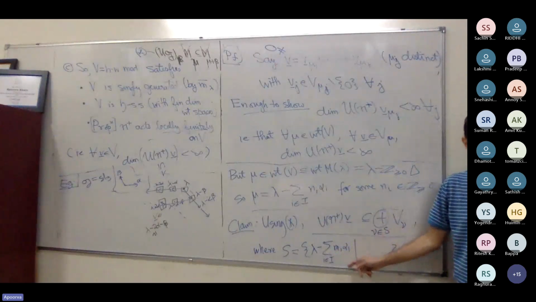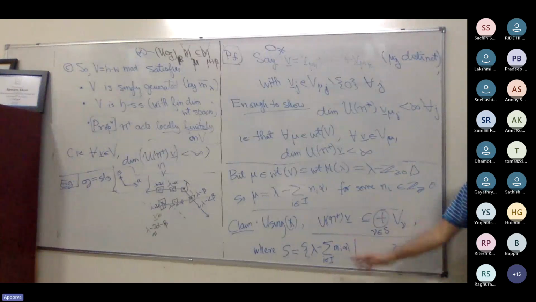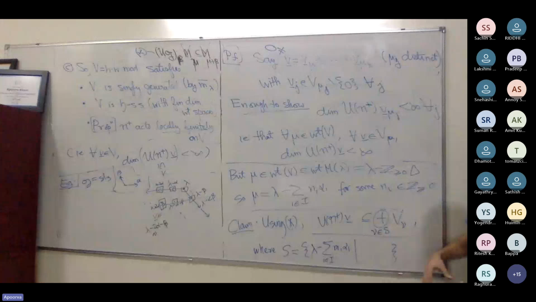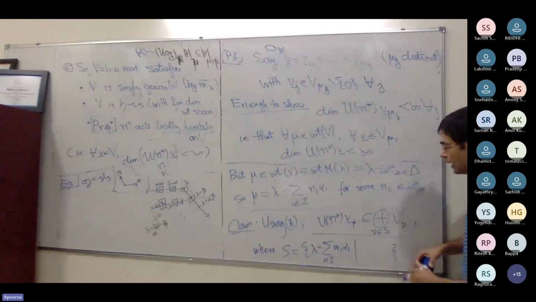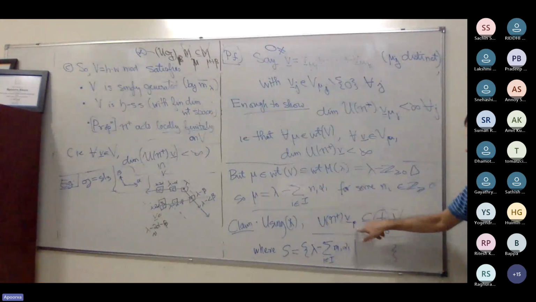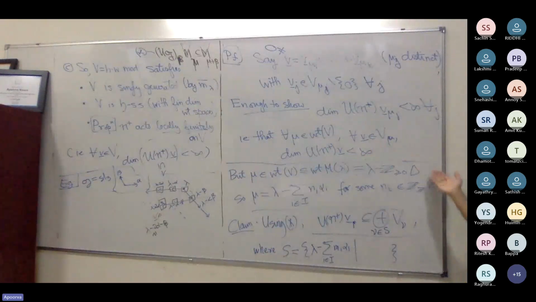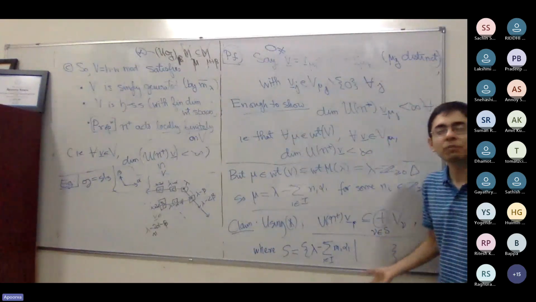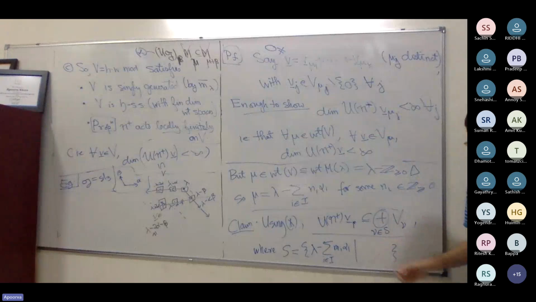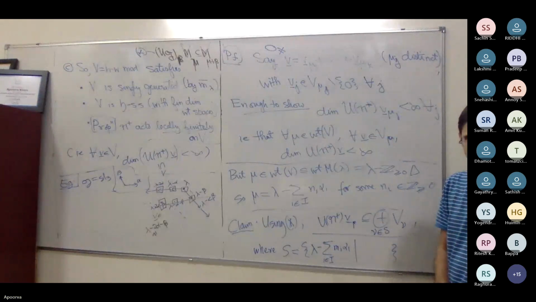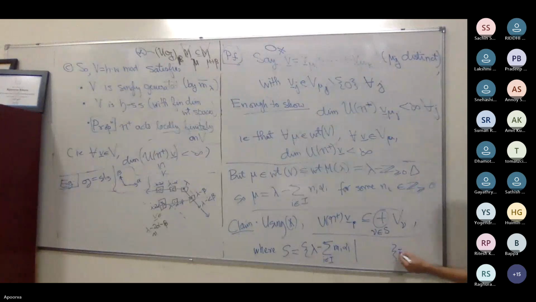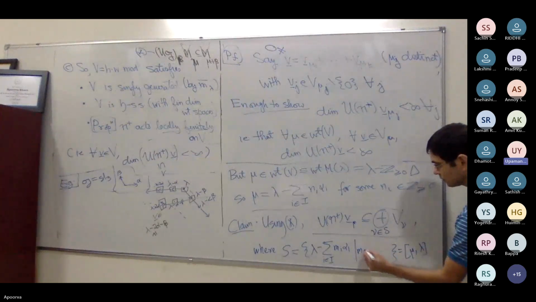So I can write it in this way. What are the bounds of the mi's? Remember, the weights possible have to be above the weight mu because of this, and they have to be below the weight lambda because of this. So these are all the weights between mu and lambda. All I'm asking is how does one write them down? Each mi should be between 0 and ni.